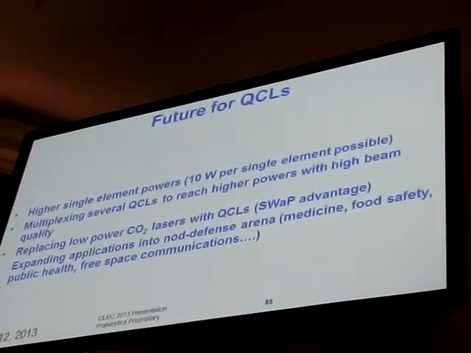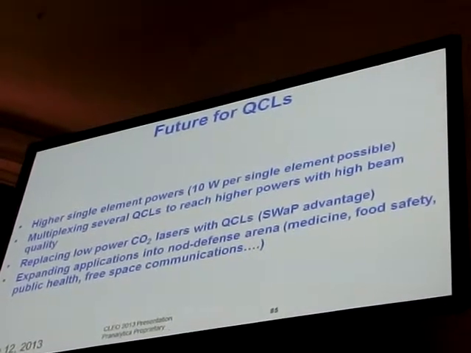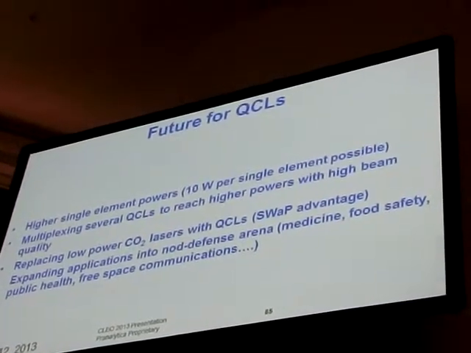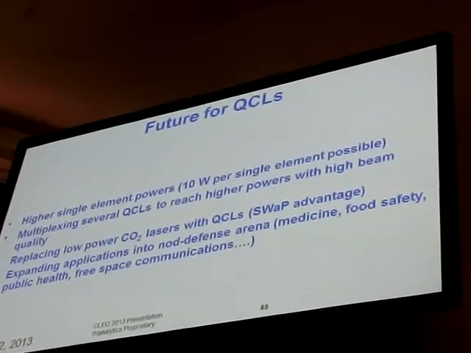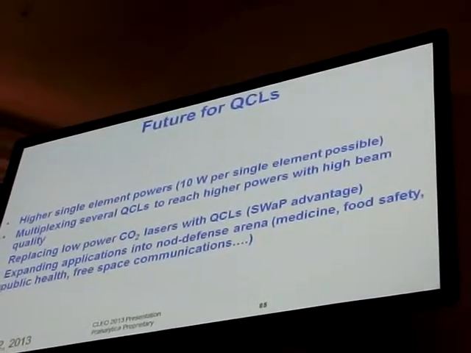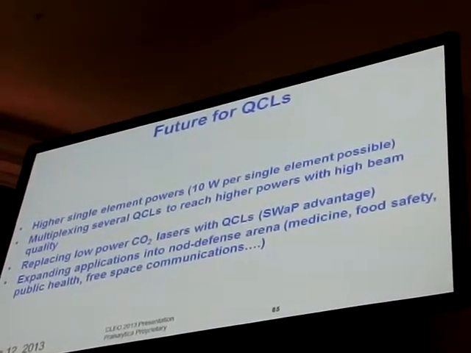We need 2, why not 4? Now that we have 4, the question is, why not 10 watts out of a single element system? The number that I quoted you, 4 watts at 4.6 microns, is from a single emitter. People would like to have 10 watts out of a single emitter because then you can combine them by polarization to get 20 watts.